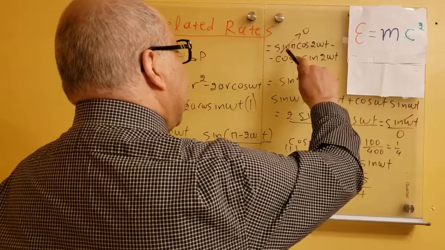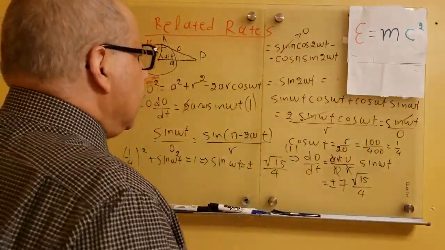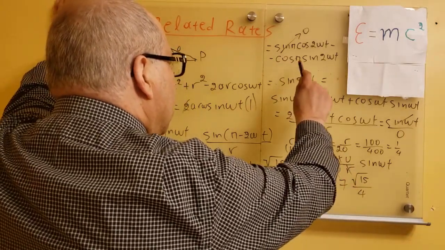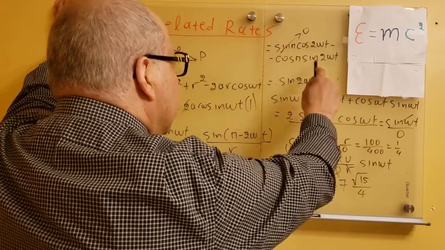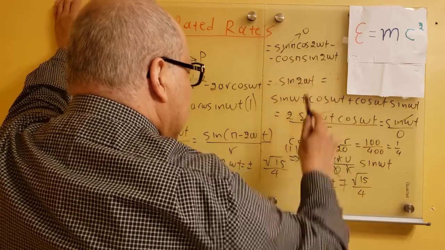Now the sine of pi is 0, so all this goes away, and the cos of pi is minus 1, so minus the minus is plus, so this will give you plus sine of 2 omega t.